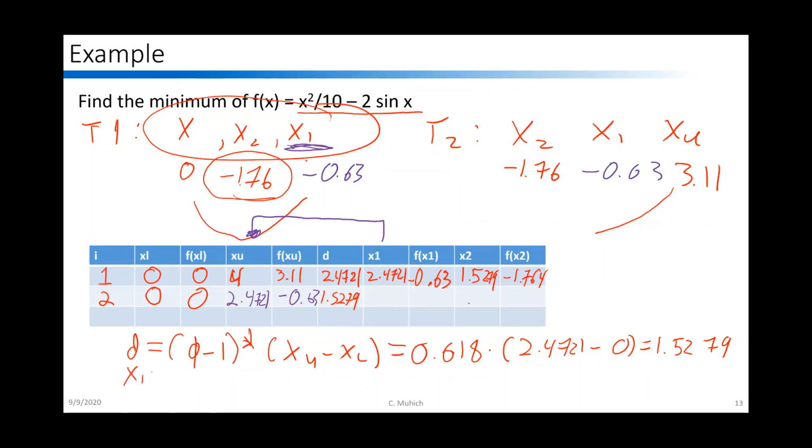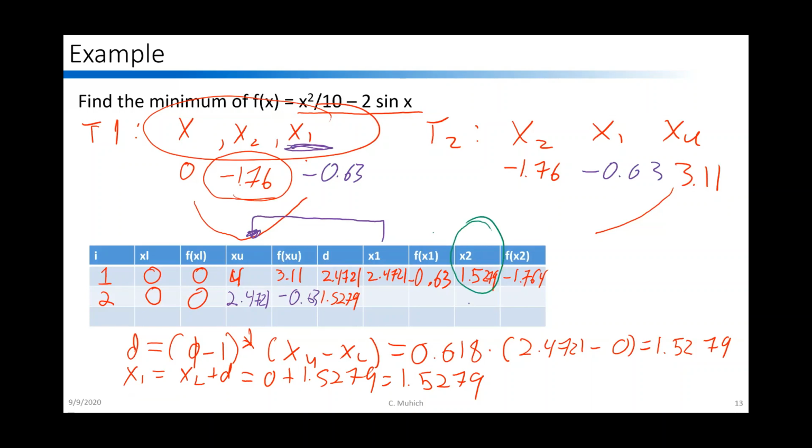For just now, we'll calculate this out, but you'll see the pattern in a second. So x1 is our xl plus d, right? xl is 0 plus 1.5279 is 1.5279. Well, what do we immediately notice?